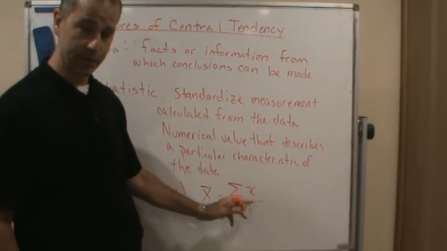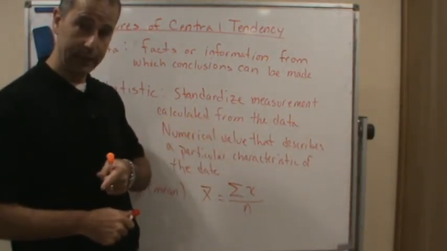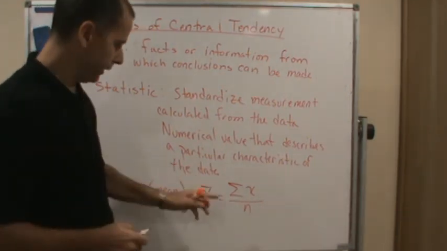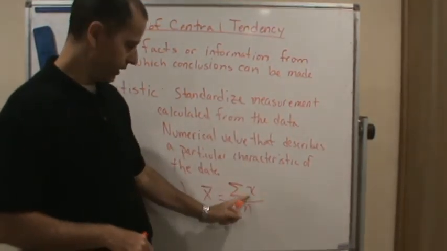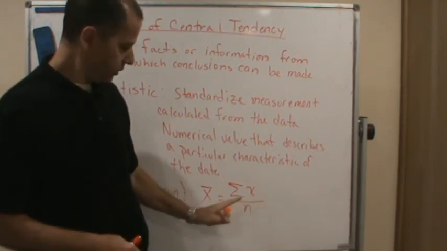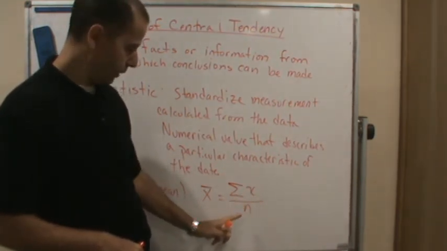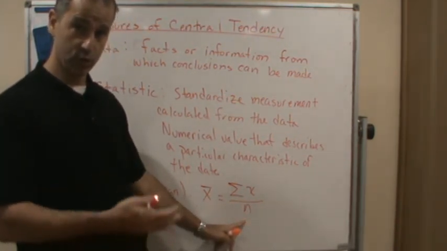X represents the value of each data point in your data set. If you have a list of 10 values, each value is an x value. We sum up all of those values and divide by n, which is the sample size, or the number of observations you have.